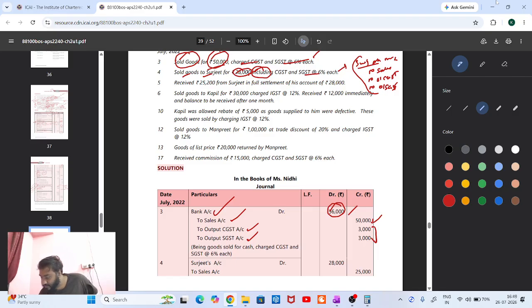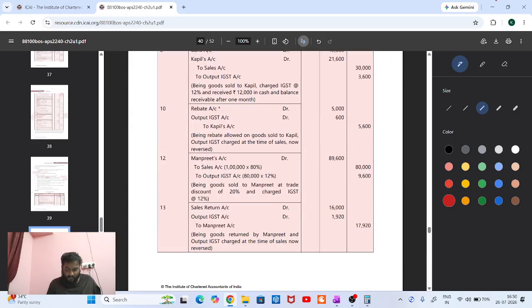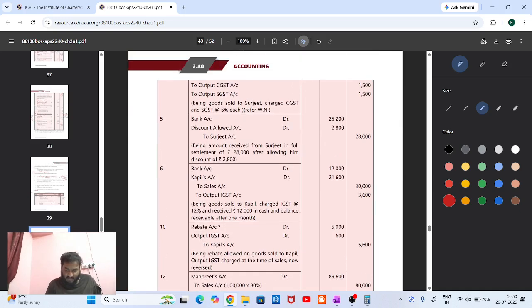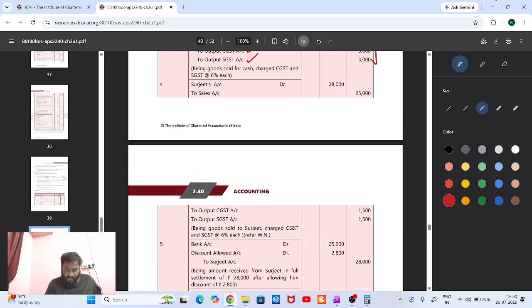Check my illustration number 8 or 9? Yes. This is 28,000 because it includes CGST.